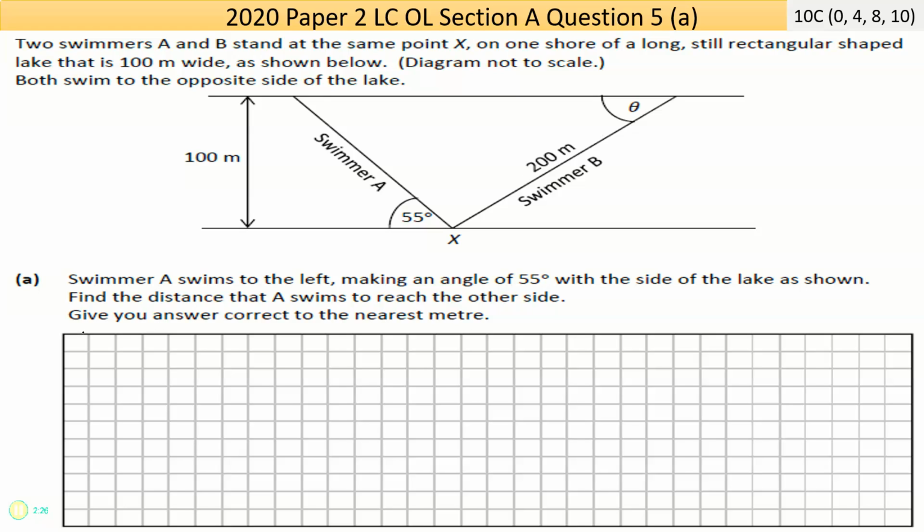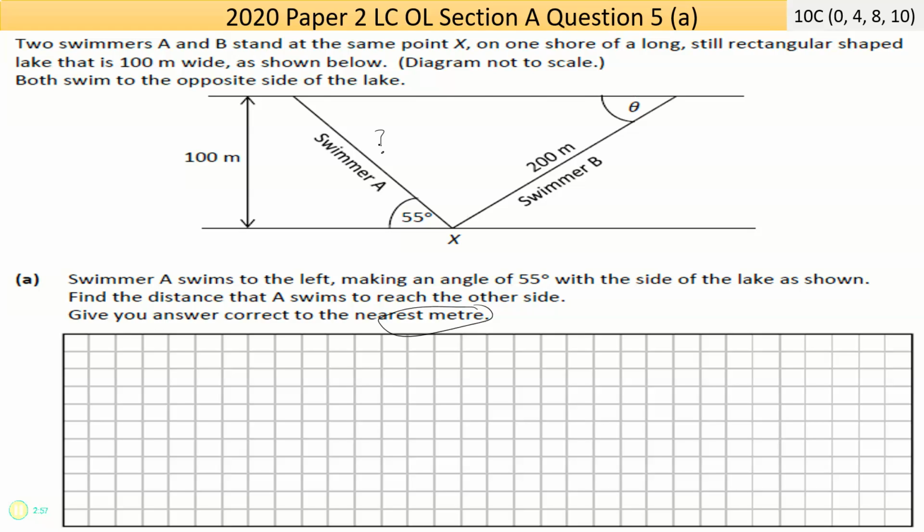Now, part A says, swimmer A swims to the left, making an angle of 55 degrees with the side of the lake as shown. So again, you see that. Find the distance A, so find this distance here that the swimmer swims to reach the other side. Give your answer correct to the nearest meter. Right, so if you think about it, this is a big triangle.